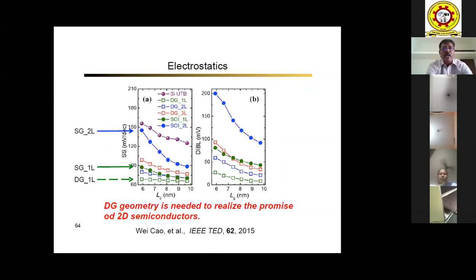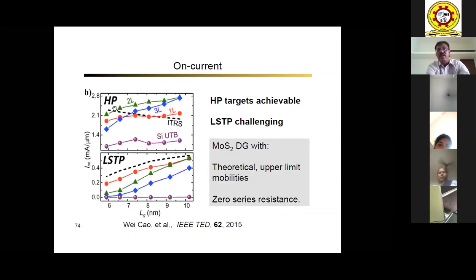Okay, conventional Si, double gate, and SOI, silicon on insulator. They are comparing the results with all these models and they outperform them. Okay, this is high performance and this is for low standby power. Even the leakage is minimized.